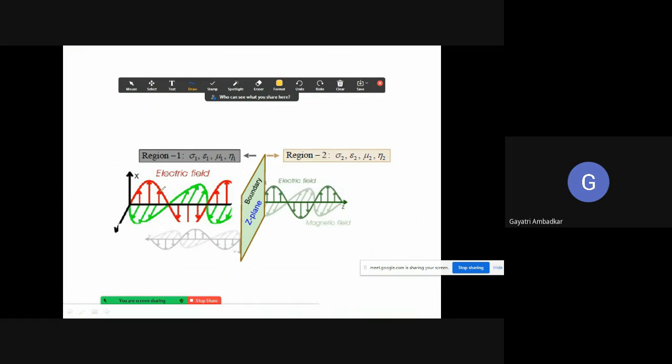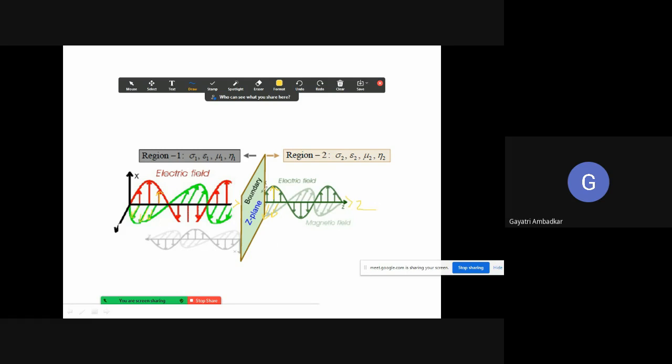So this is the E field. When it is transmitted into another medium, according to the boundary condition, it is continuous, so the same direction will be there. Now this is the H field shown along the Y axis. It will again be maintained the same in the transmitted portion. The waveform is moving along the Z axis.